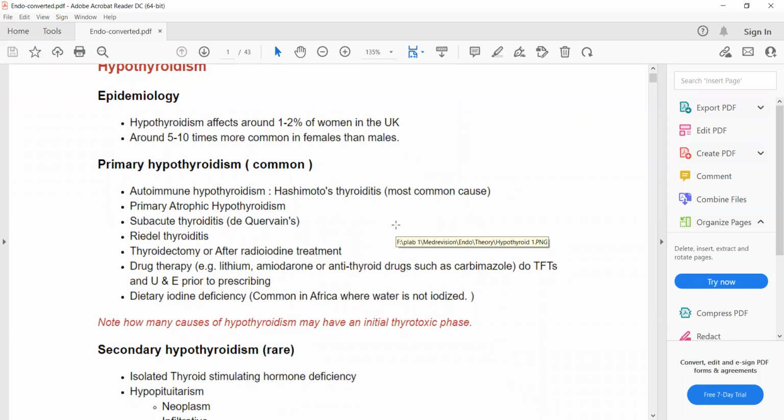They are less common. And similarly, a patient who undergoes thyroidectomy or radioiodine treatment can also develop primary hypothyroidism as a result of treatment with radioiodine or due to surgery.